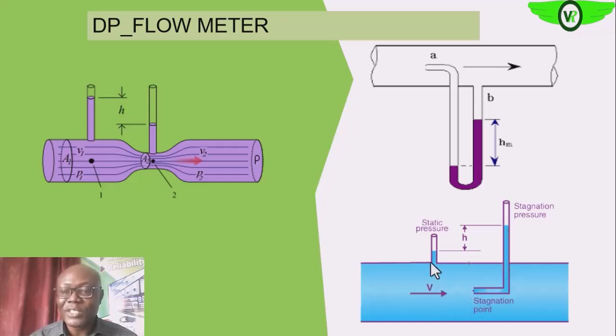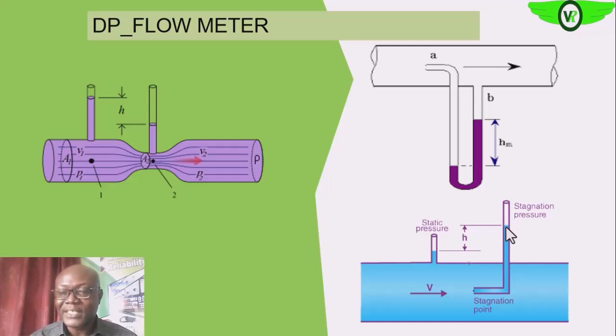Okay, so the static pressure will remain constant, and as the flow is increasing, since the flow velocity does not have much effect on the static pressure, you see that the dynamic pressure will be getting up. Okay, so it will rise to a stage that will now come to the stagnation pressure. Okay, and the pressure will just be steady at that end.